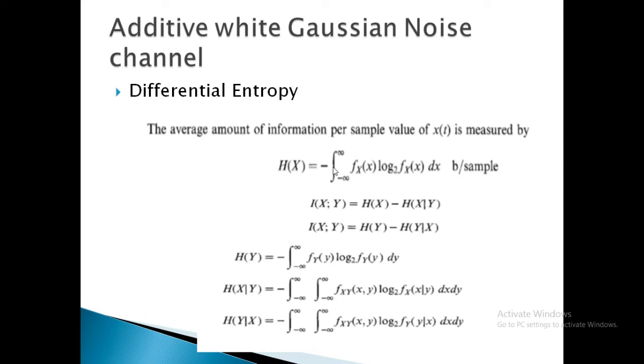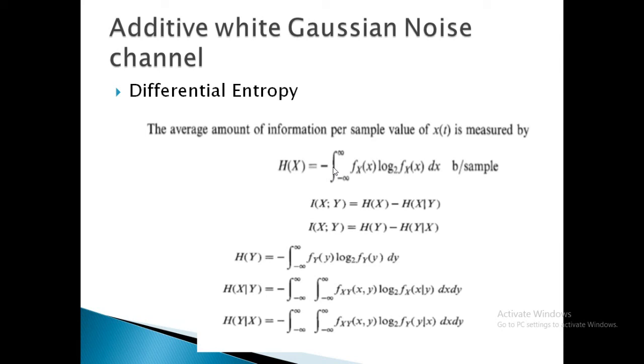X of t has finite bandwidth and X of t is completely characterized by its periodic sample values. Differential entropy: the average amount of information per symbol is measured as H of X equal to minus the integral from minus infinity to plus infinity of f of x log base 2 of f of x dx bits per symbol.